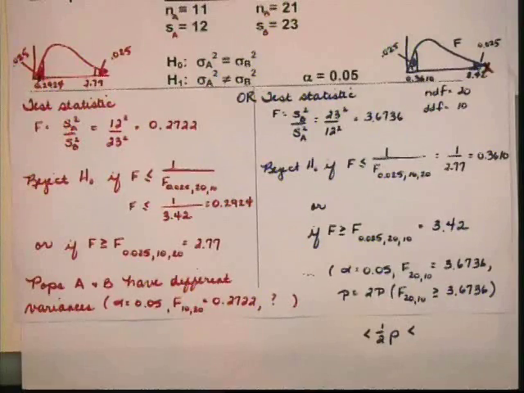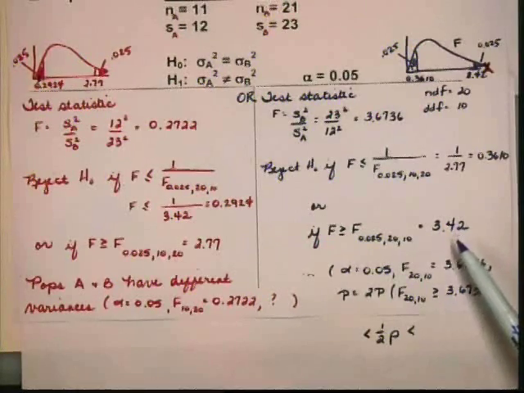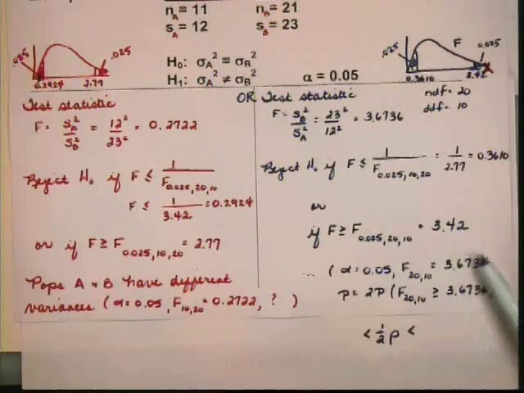When you go to the 0.01 table, the critical value associated with 20 numerator and 10 denominator degrees of freedom is 4.41, right? The one for 0.025 here was 3.42, so that means the right-hand area is something between 0.01 and 0.025. Agreed?